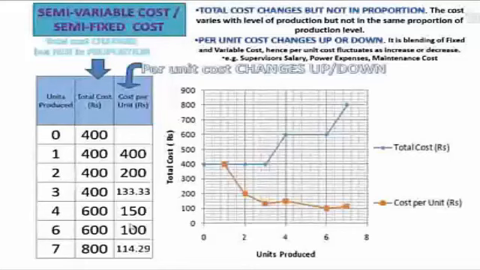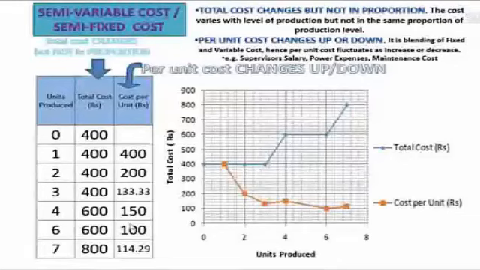Now, this is nothing but a blending of fixed and variable cost. Now, what are the examples of this? Supervisor salary. Now, a supervisor looks after multiple departments. So, with every increase in production, we don't require an extra supervisor to be appointed.